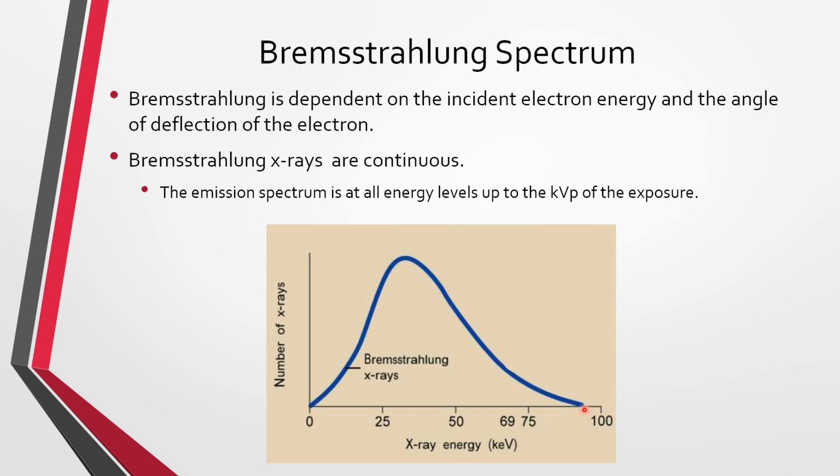A photon is going to be produced, and then that electron is going to go on, but it's going to have less energy, so it can only produce lower energies now, and it can keep producing lower energy photons. So most of the X-rays are going to be produced at a lower energy. So the peak is shifted here, somewhere maybe around 30 in this, where the kVp is set at 90.